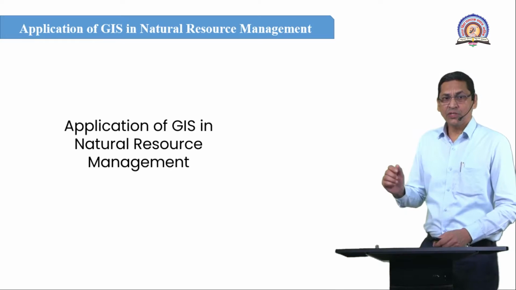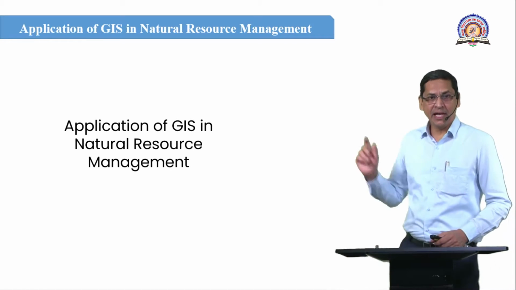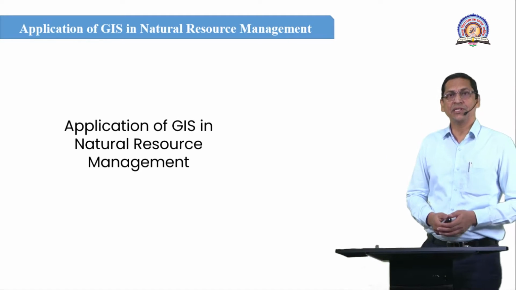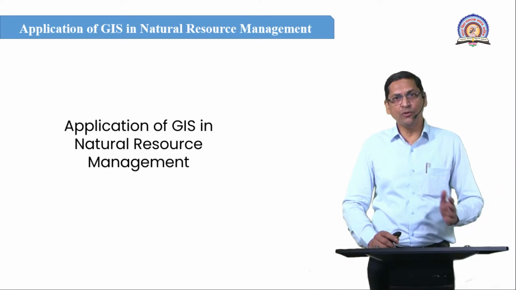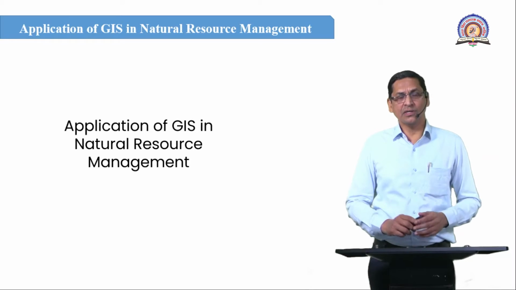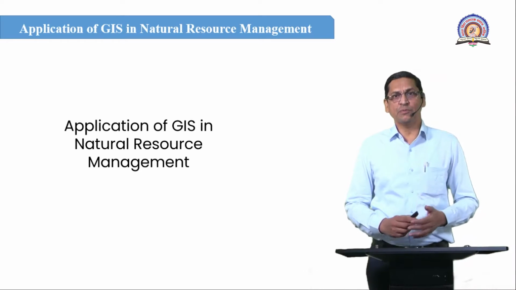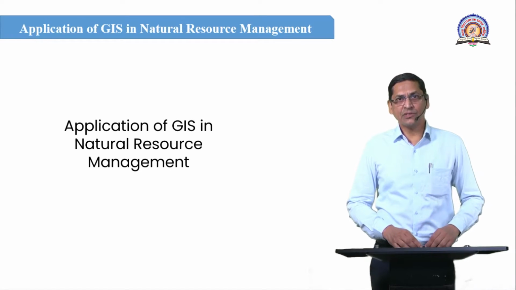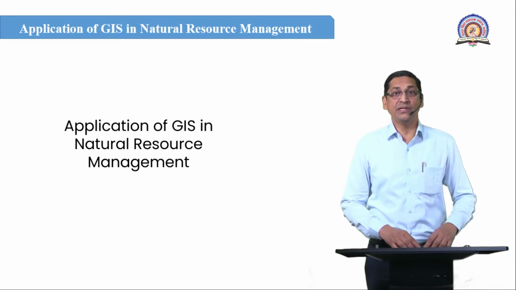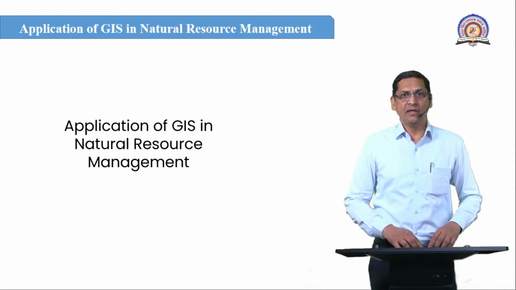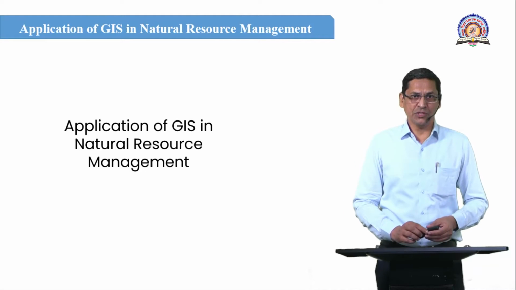Now, the topic of today's lecture is application of GIS in natural resource management. Students, we know that GIS is widely used in different types of subjects or in different aspects. But in natural resource management, the application of GIS is very, very essential and very important. There are several types of natural resources on the earth.